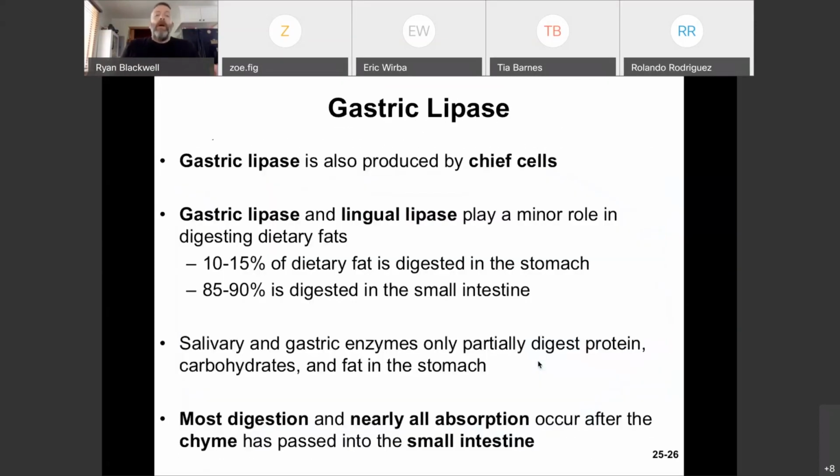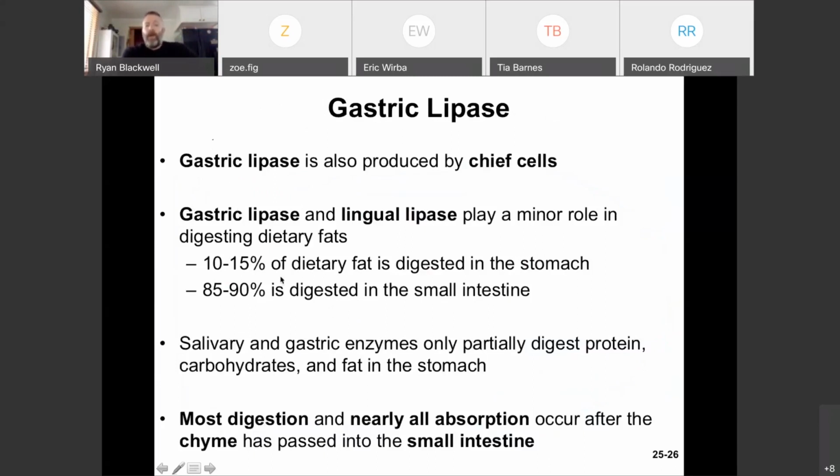Okay, so that being said, and as I mentioned before, almost everything that I'm describing now is in text format. In addition to pepsinogen, chief cells also produce a lipase, right? Gastric lipase, an enzyme that can break down fats.